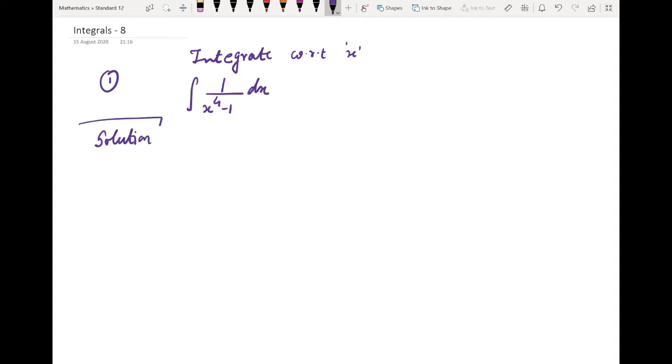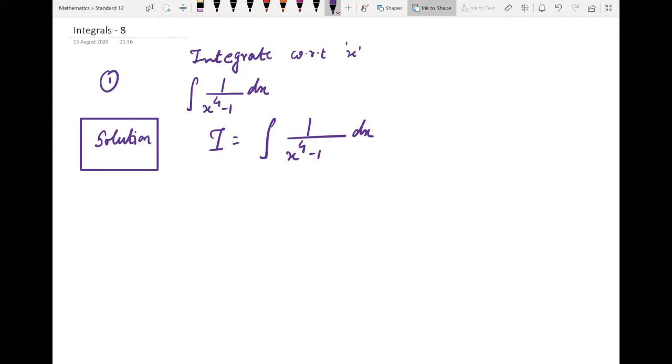So we denote integration I equal to 1 upon x raised to 4 minus 1 dx.